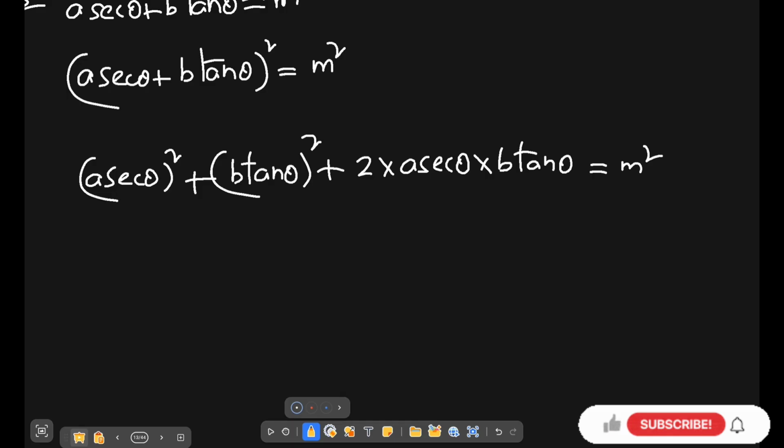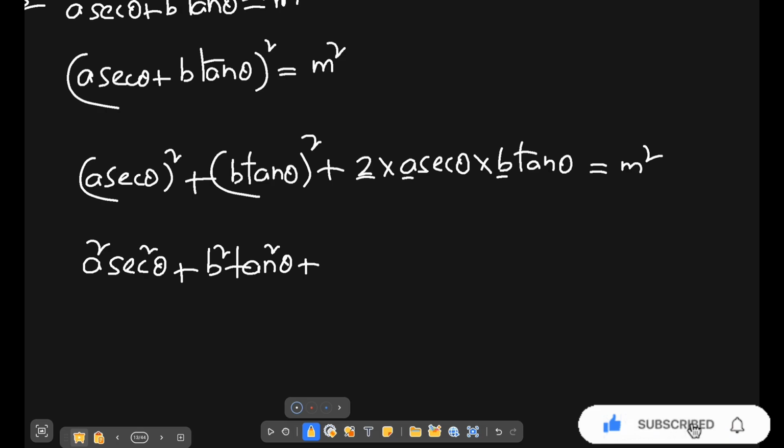Now here a sec theta whole square is a square sec square theta plus b tan theta whole square, so b square tan square theta, plus 2 into a into b, so 2ab sec theta into tan theta is equal to m square.